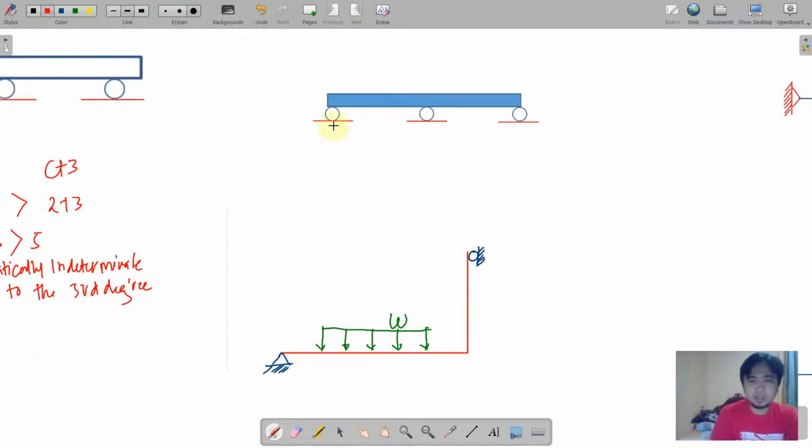So for the other beam, of course there will be 3 reactions here, and it is very glaring that we have parallel reactions here.